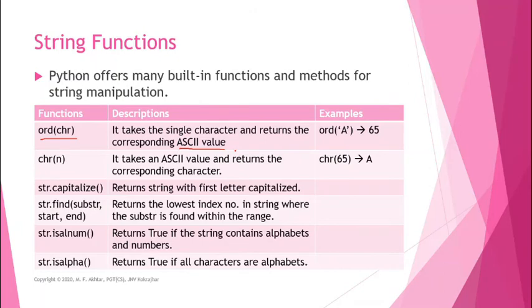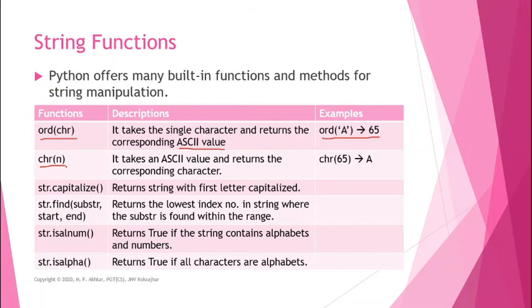The full form of ASCII, as we already know, is American Standard Code for Information Interchange. That code is defined for each and every letter, and for the letter A it is defined as 65. Here it is displayed. If you want to see the code for other letters, we have to give that letter within the function, and then it will display the corresponding ASCII code for that character, using the ord function.